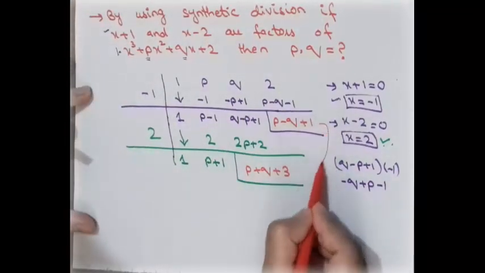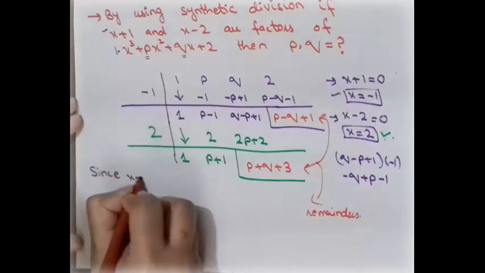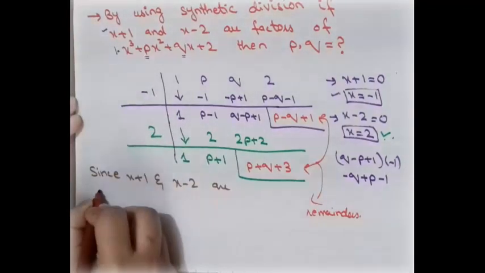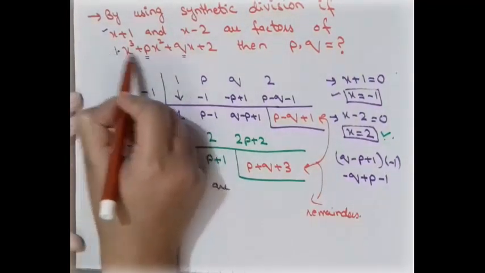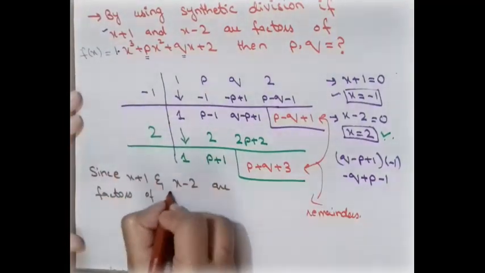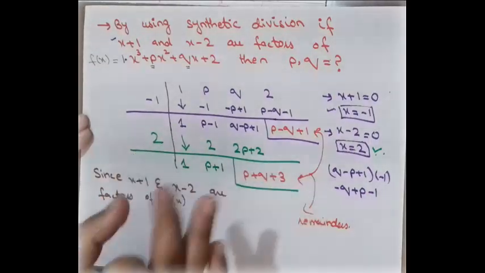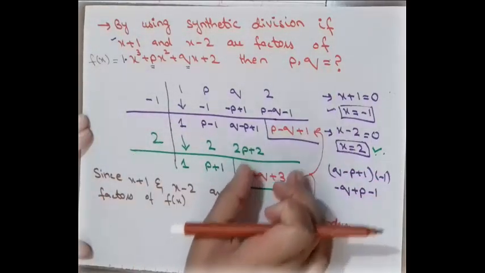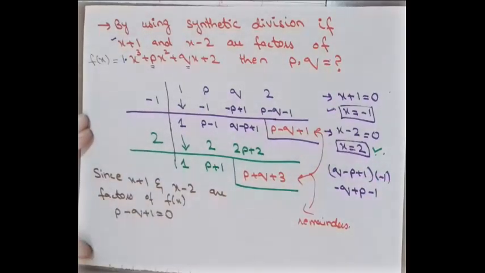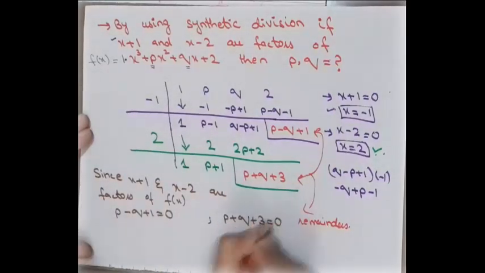So basically these two are the remainders. x plus 1 and x minus 2 are the factors. If we suppose this polynomial is f of x, and these two are the factors, then applying synthetic division the remainders equal 0. So p minus q plus 1 equals 0, and the second equation, p plus q plus 3, equals 0.